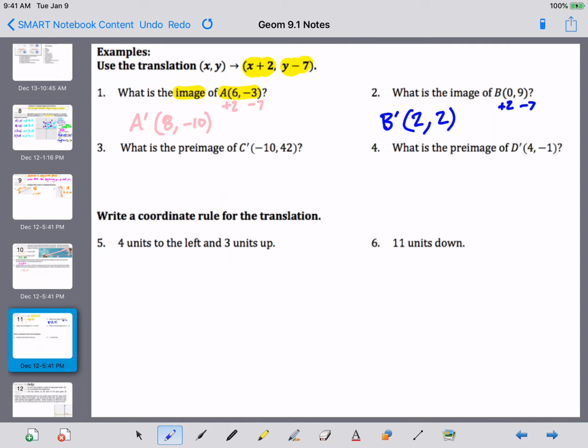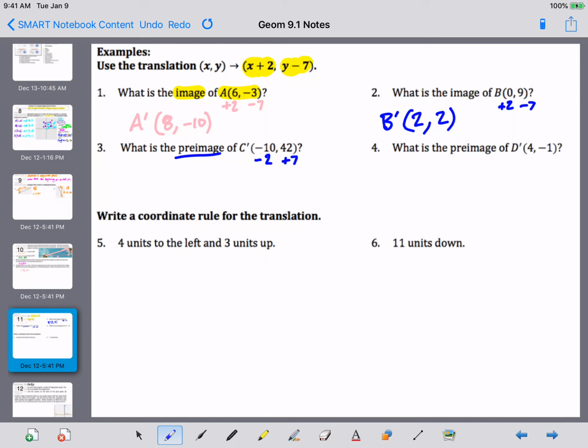All right, now in number 3 and 4, they give us, we want to find the pre-image if we know where C prime is. That means we're going to have to work backwards. Instead of adding 2, we're going to subtract 2. Instead of subtracting 7, we're going to add 7.